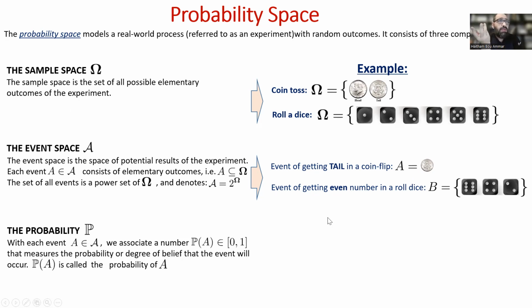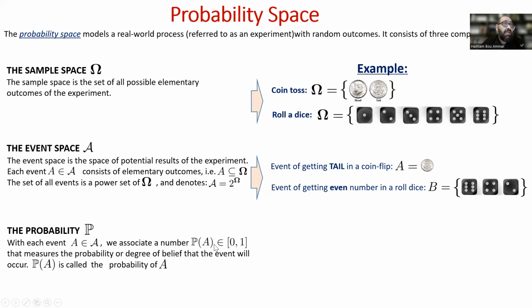And the last thing we would be interested in when it comes to a probability space, to fully understand it, is the probability itself. So the probability, which we denote by this P. With each event A inside the event space, there's an associated number, which we call P of A, that's between 0 and 1.